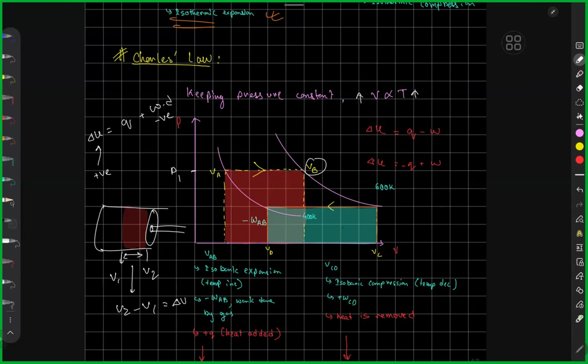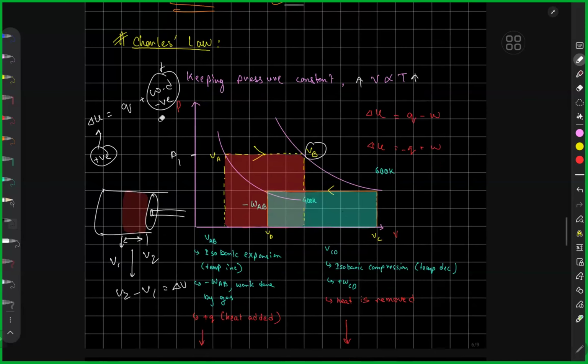But wait a minute. If my work done is negative and my del U or change in internal energy is positive, how does it make sense? How is the change in internal energy positive if the work done is negative on the gas? It's a heat supply.